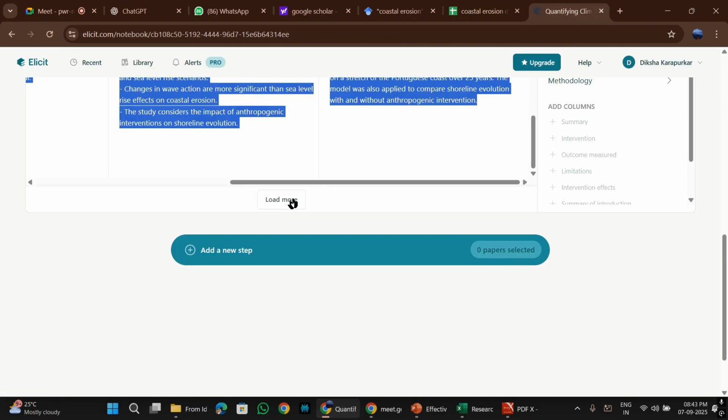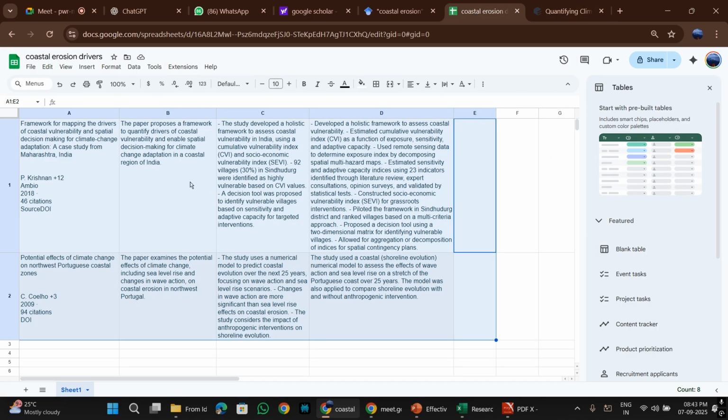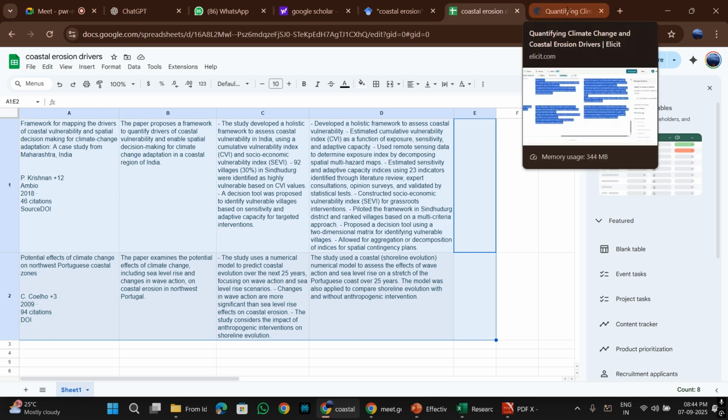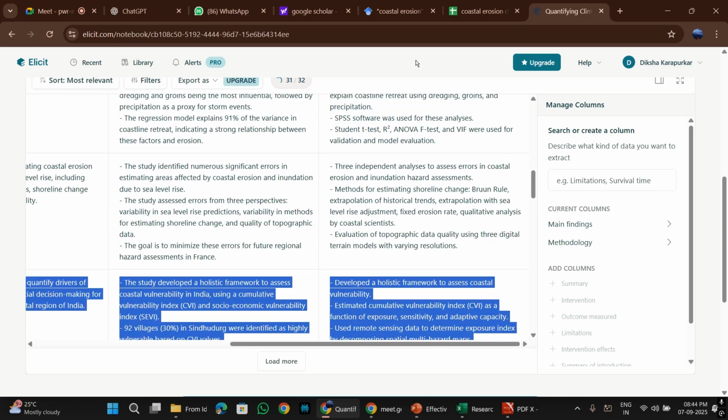You can also ask for loading more papers. You have all the abstracts, the findings, and the methodology that they have followed. A summary of all these is available. Now you can compare what these research articles speak about, and based on this comparison you can decide which is the most relevant one for you, right? So this is one, Elicit.